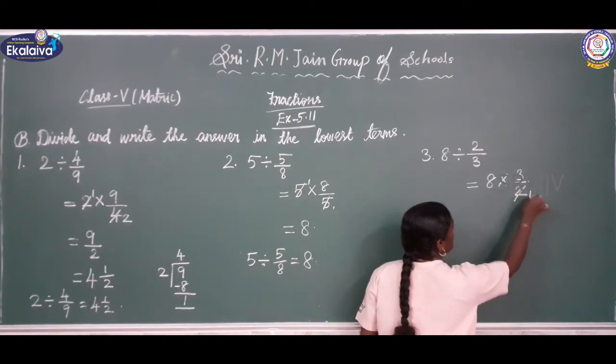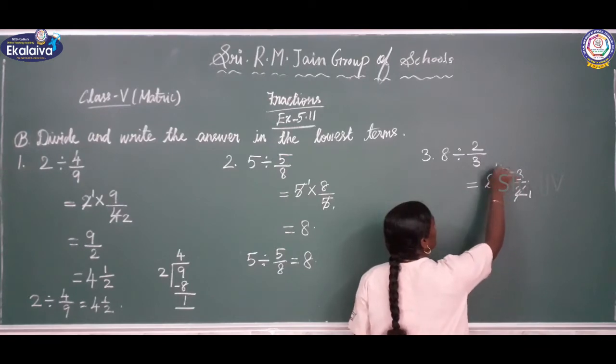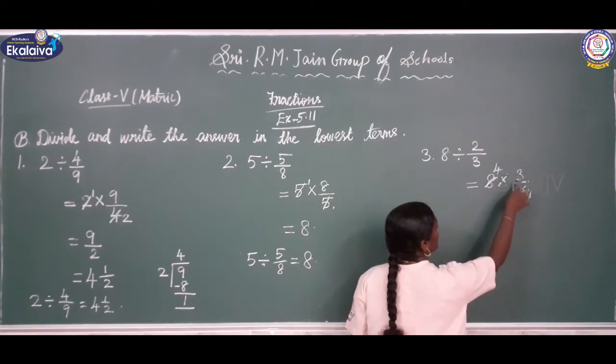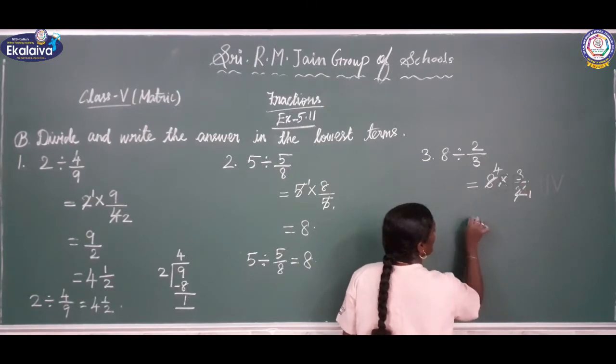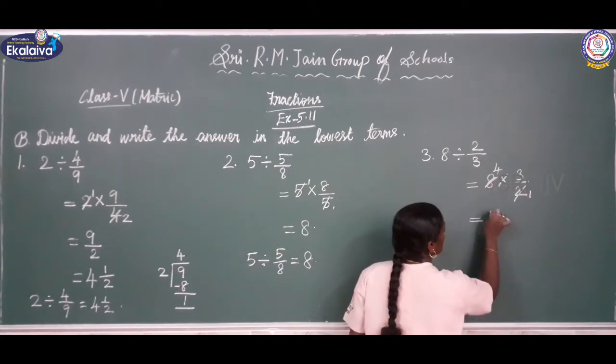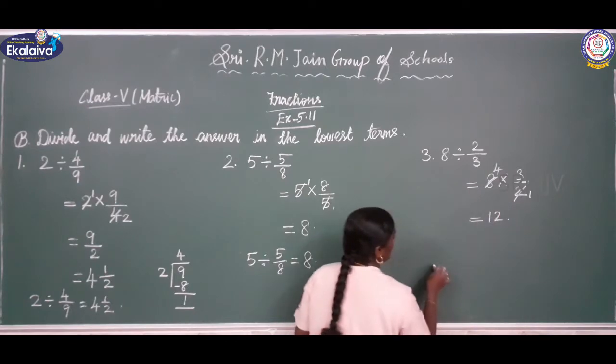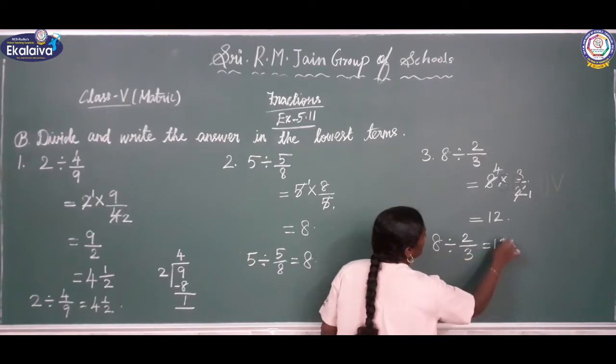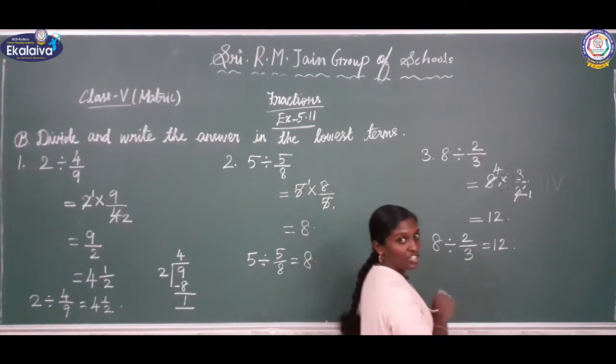So in 2 table 1 time, in 8 table 4 times. Here in denominator 1 alone is there. In numerator 4 into 3. 4 3s are 12. So the answer is 12. 8 divided by 2 by 3 is equal to 12. Was it clear, children?